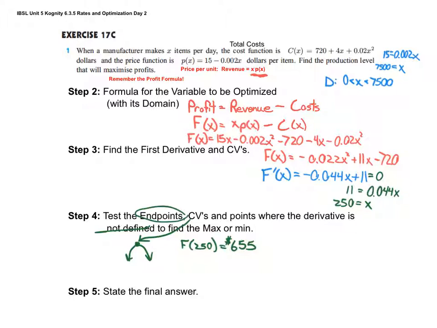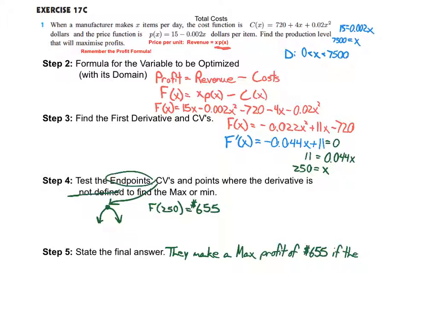So our maximum profit, okay, they make a max profit of $655 a day if they produce 250 items a day.